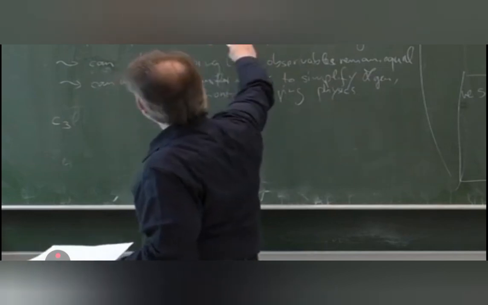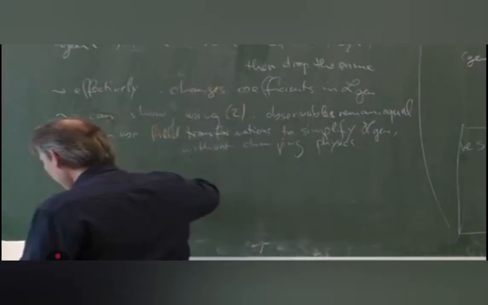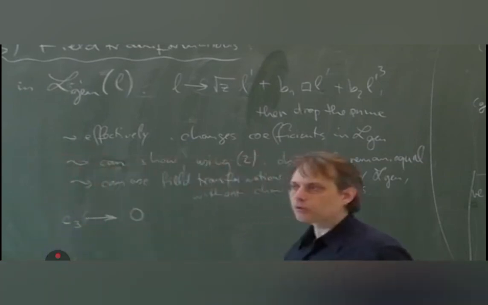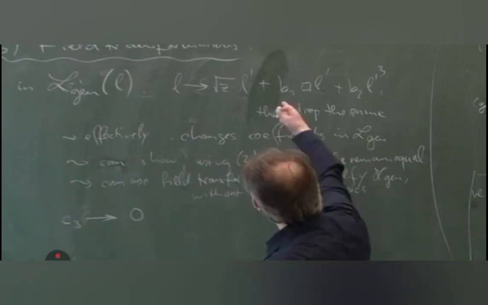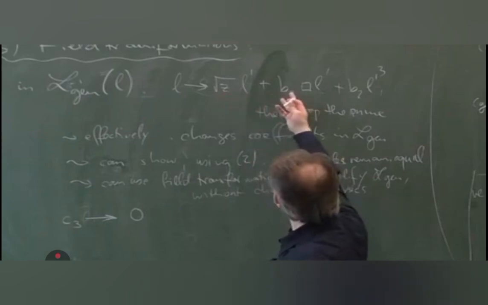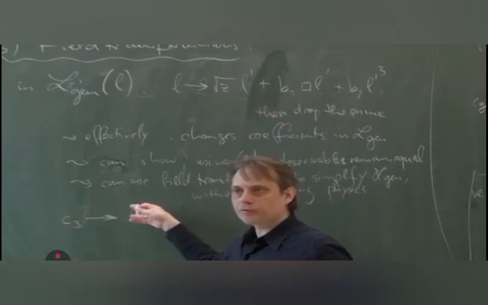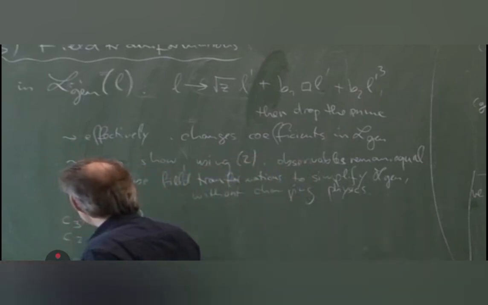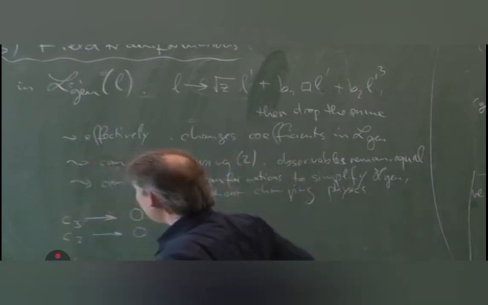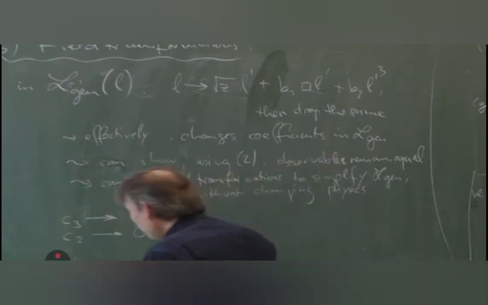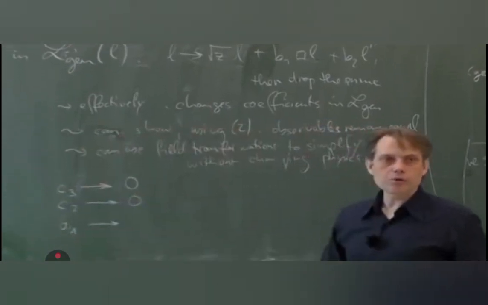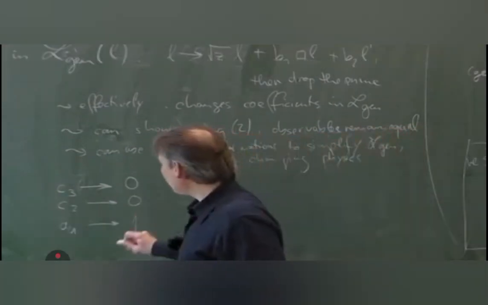So using now the result of how the coefficients change, we can make it such that C3 changes to 0. So whatever C3 was before, we now calculate z, b1, b2 such that after the field transformation C3 becomes 0. Similarly, we can do it such that C2 after applying this becomes 0. Similarly, we can do it such that the coefficient A1, this kinetic term coefficient, becomes simply equal to 1.